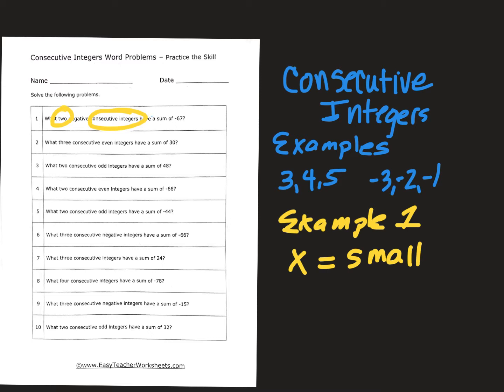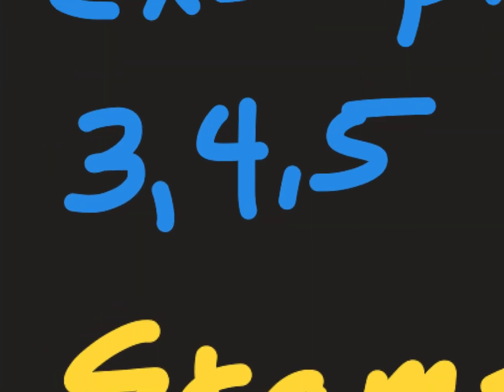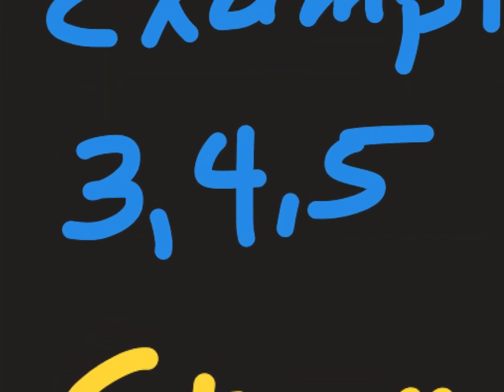In consecutive integers, like 3, 4, 5, how much is each number going up by? 1. From 3 to 4 is 1, from 4 to 5 is 1.